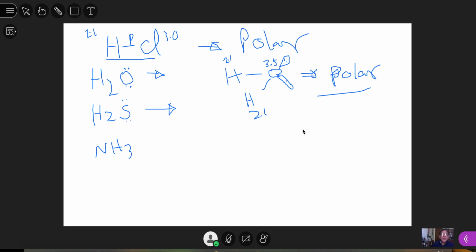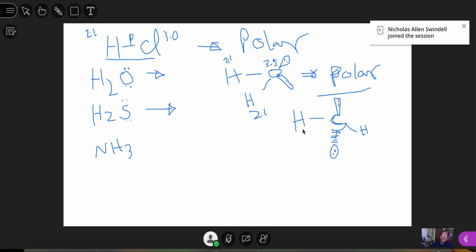Would it be polar? Now let's see. H, S, H. I went to the three-dimensional structure, as you said. Lone pair and another lone pair like this way.